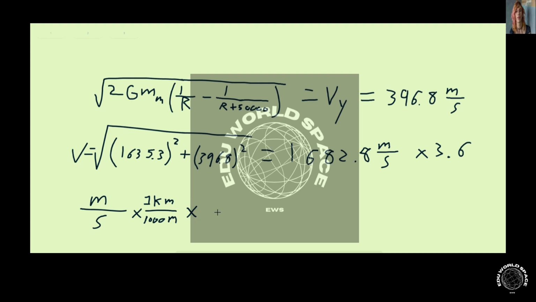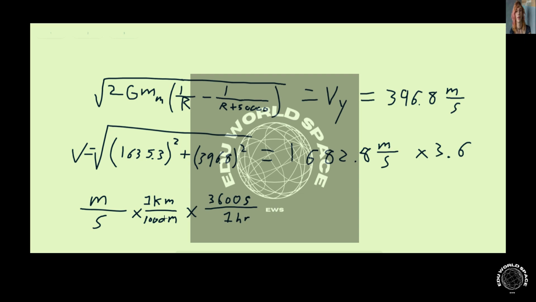Then we want hours out of seconds. So 60 seconds in a minute, 60 minutes in an hour, so 3,600 seconds are in 1 hour.